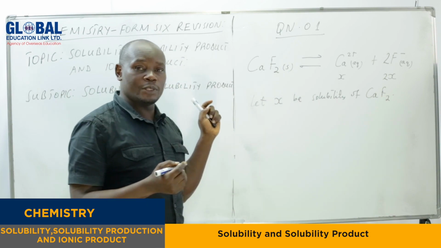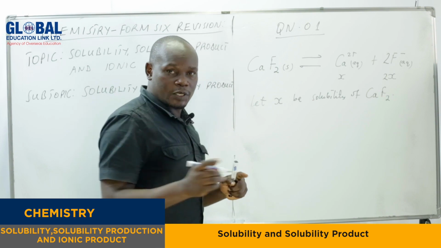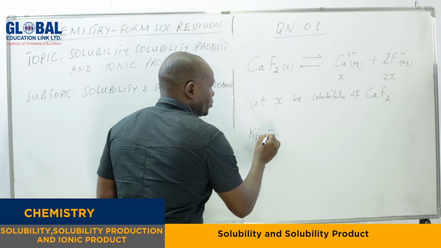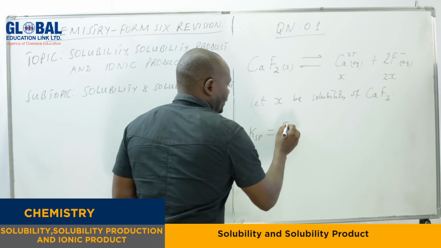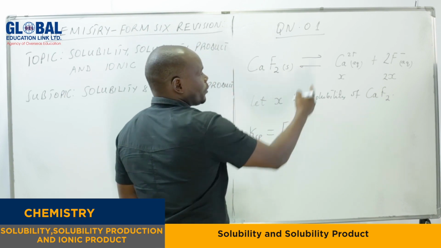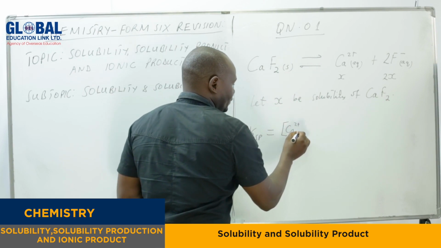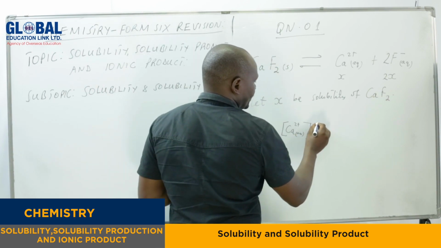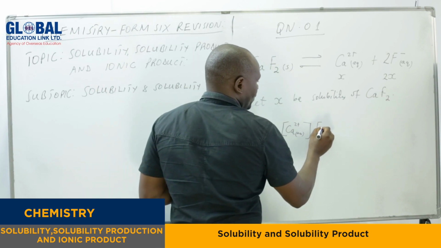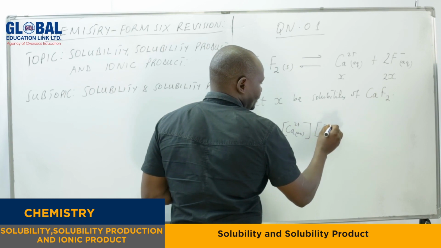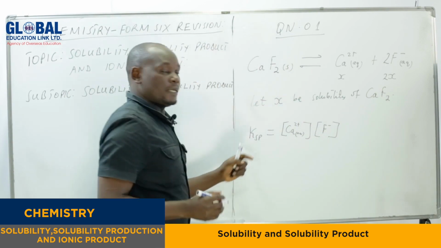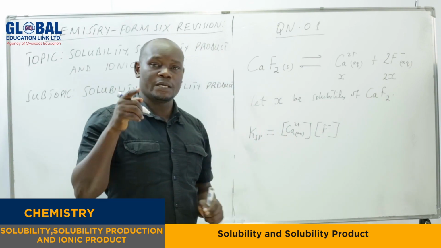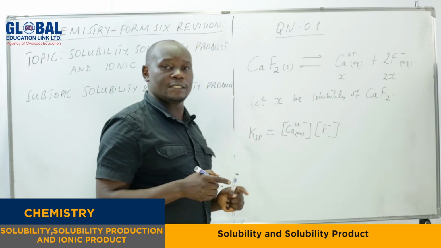So if we go back to the Ksp expression for our equation, Ksp is equal to the product of the concentration of our ions, which is calcium ions, times the concentration of fluoride ions. But remember, the solubility product states that each must be raised to the power equal to its stoichiometric coefficient.